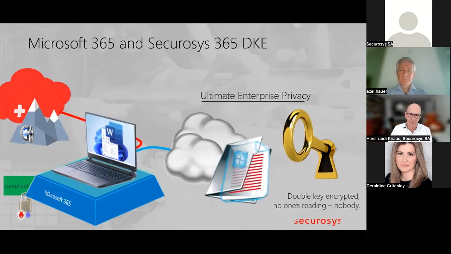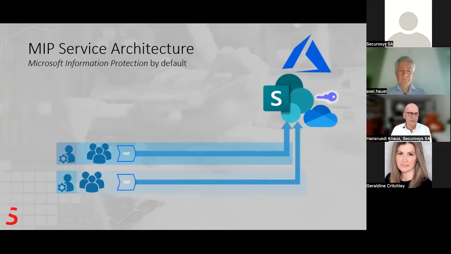This is the front end, what we have seen before with the Microsoft buttons to click in Word or Excel or PowerPoint. In terms of architecture, where we have our administrators working, this is the standard way of Microsoft Information Protection working with SharePoint Online or OneDrive for Business.